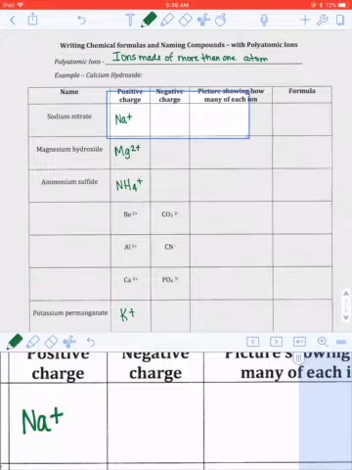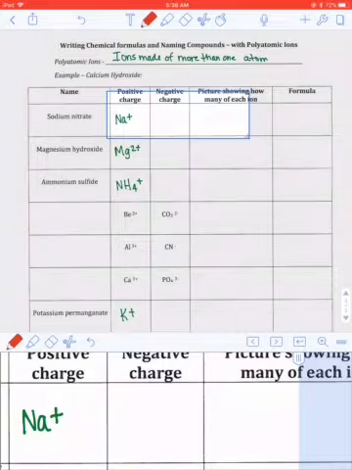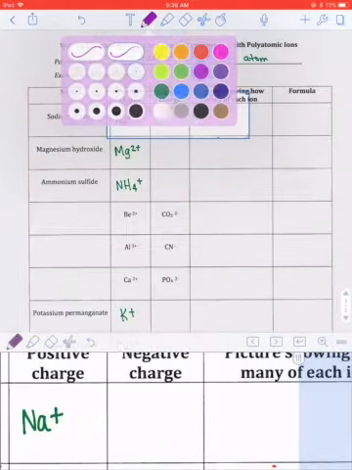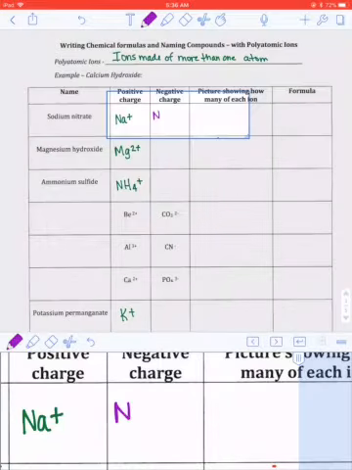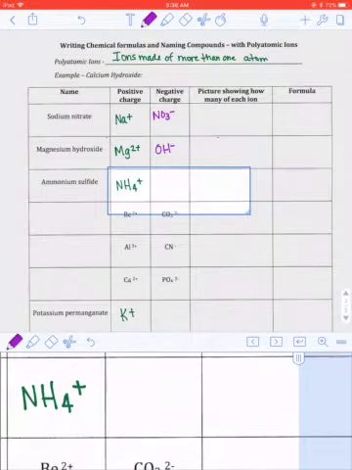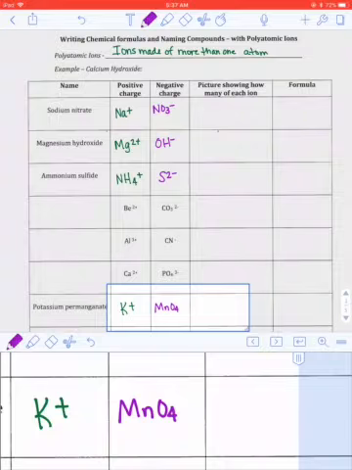Alright, so our negative ions, so nitrate, I don't feel like making up Christmas colors. Let's do green and purple. NO3 minus, hydroxide, OH minus, sulfide, S 2 minus, permanganate, MnO4 minus.